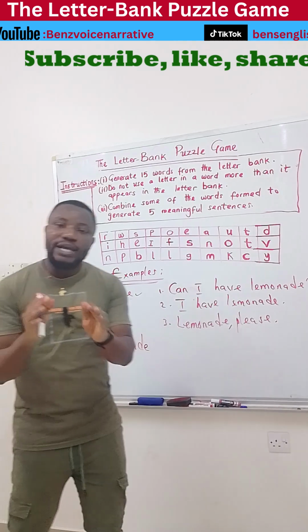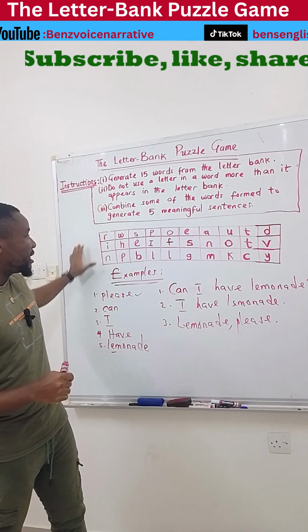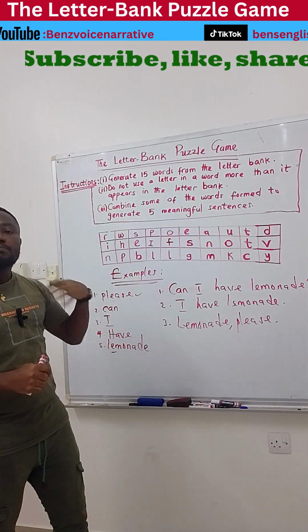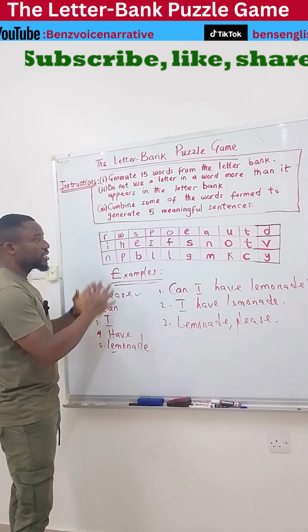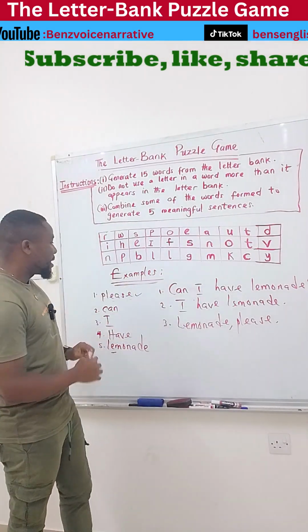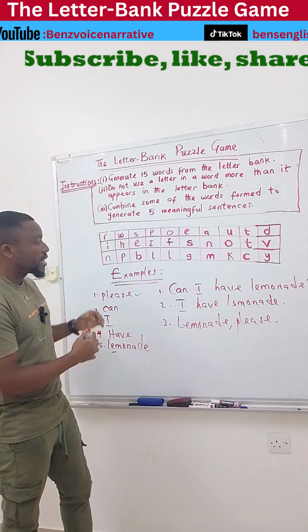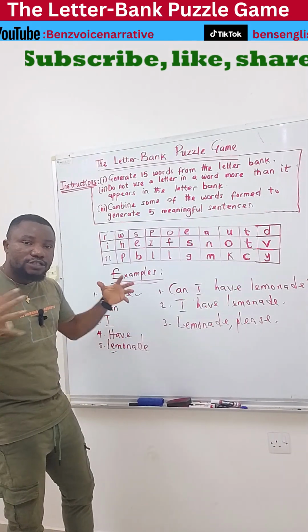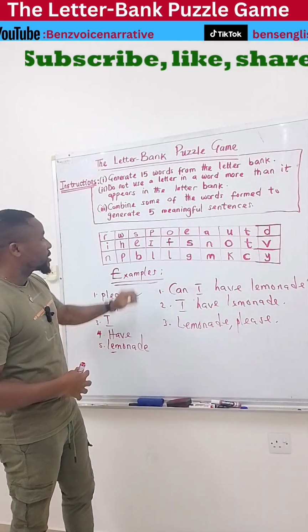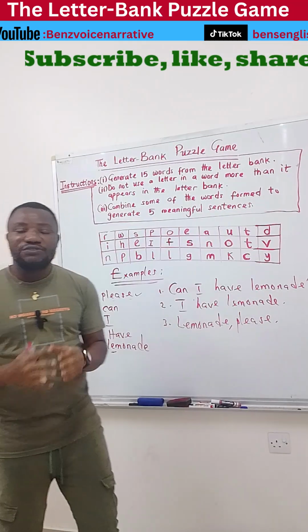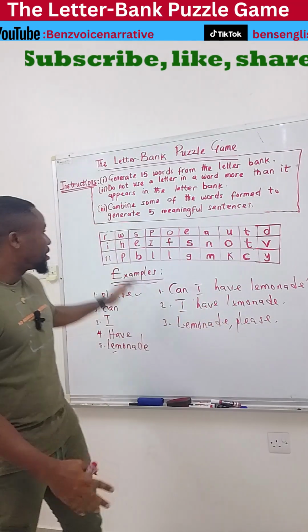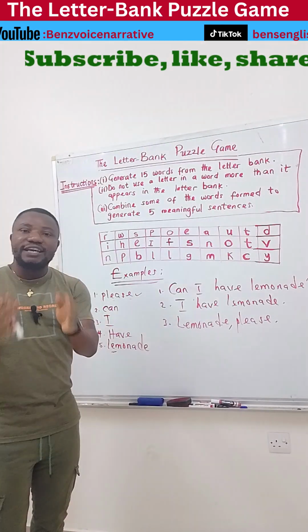So you will go in now and generate 15 more words in addition to these. After generating those 15 words, you're going to combine some of them to generate 5 meaningful sentences. That's practically everything you need to play this game.